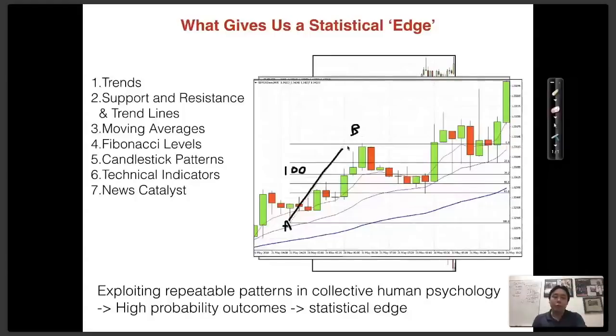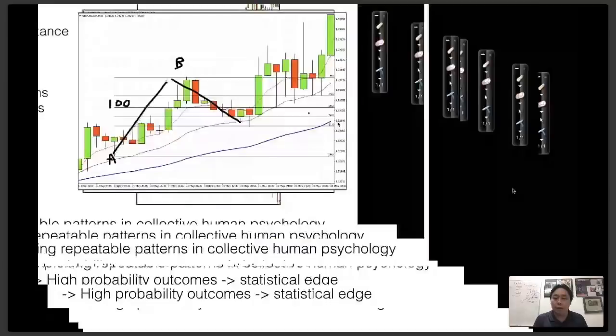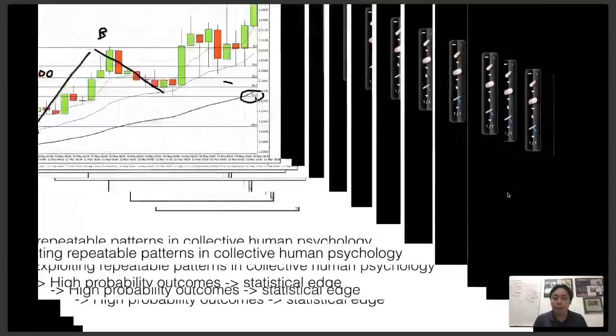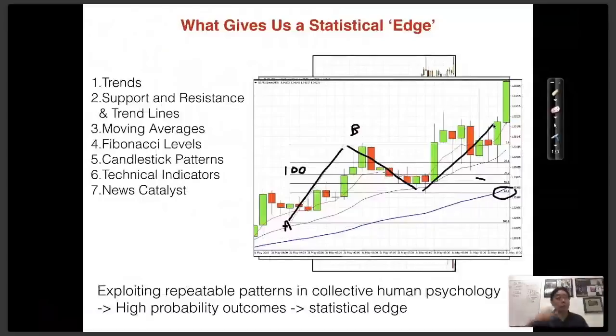It will tend to retrace to a Fibonacci level, like the 61.8% level, which is the most common Fibonacci level, before continuing the next impulsive wave. Whenever it retraces to 61.8, it gives us a lot more confidence that that's the end of the retracement wave and it's going to go higher. Sometimes it could retrace to the 50% or 61.8%.